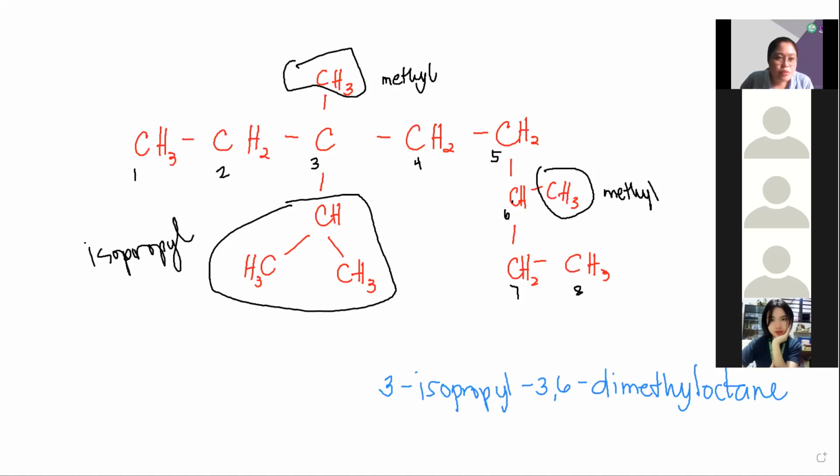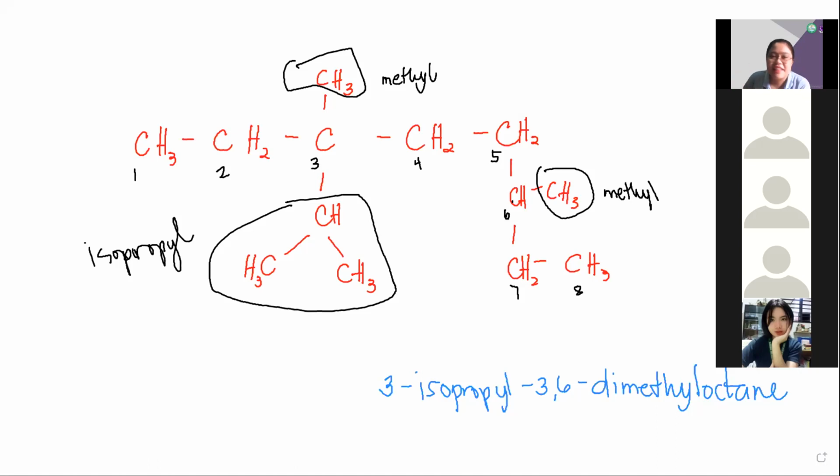Again, 3-isopropyl yan siya ha. This is octane. Ay, nasobra ako sa backread. Three, 6. Okay, nabaliktad lang na siya, Ira.